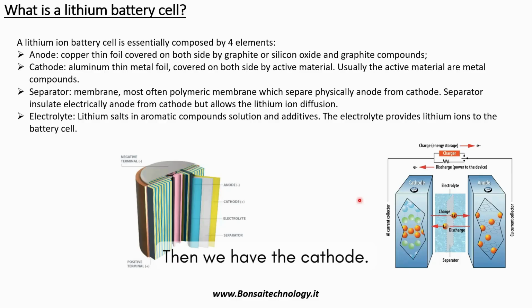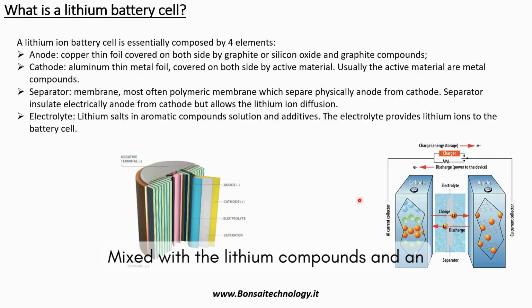Then we have the cathode. The cathode is aluminum foil covered on both sides by active material that is composed of metal oxides. The most famous chemical composition is NMC, which means nickel, manganese, and cobalt oxides mixed with lithium compounds.